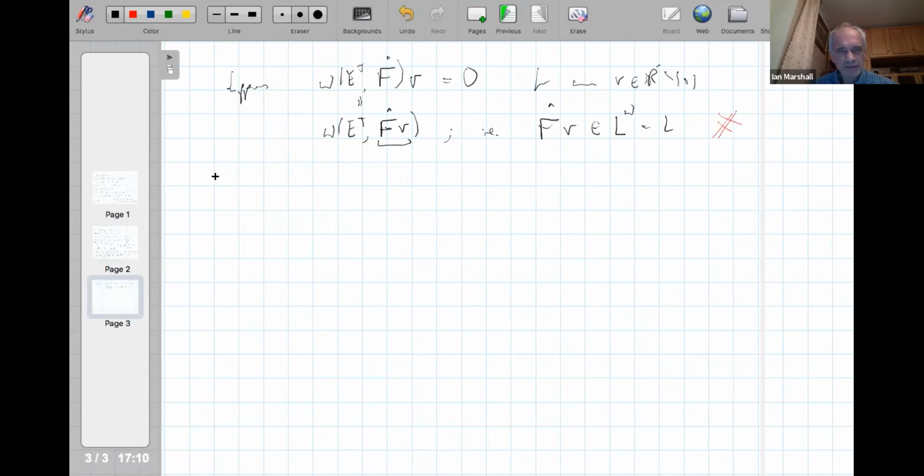So therefore, omega ETF is non-degenerate. And we just take n to be the inverse of that matrix. And that's that.